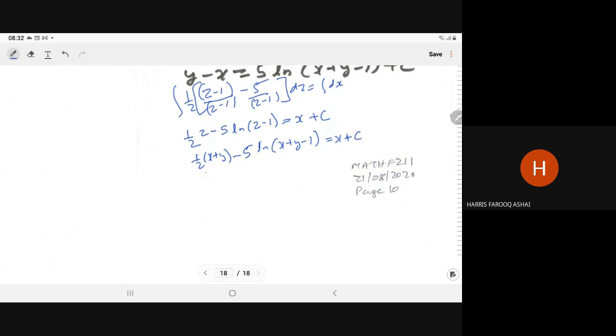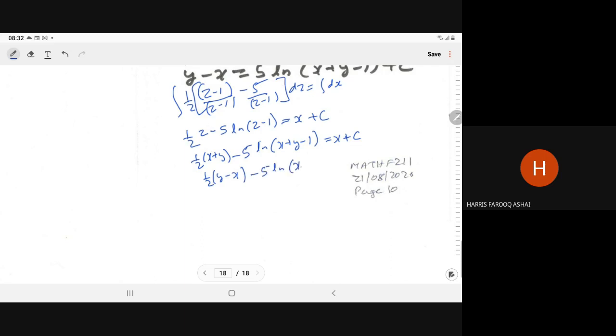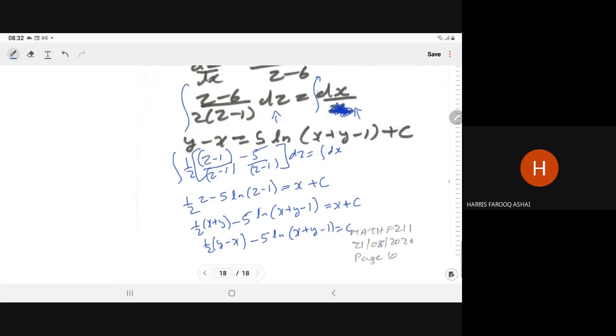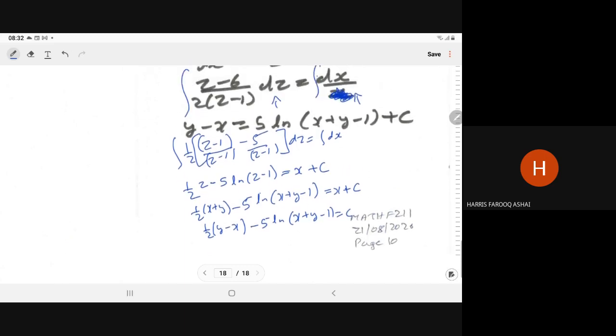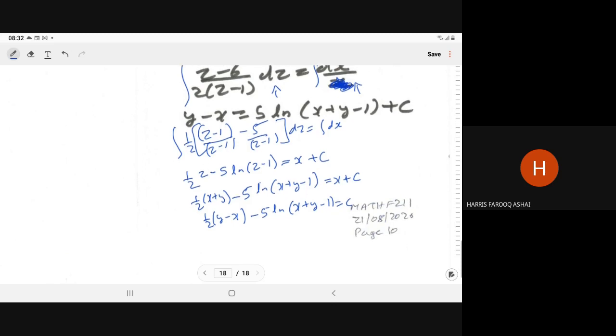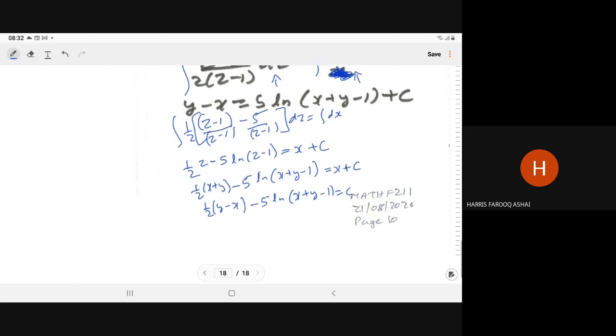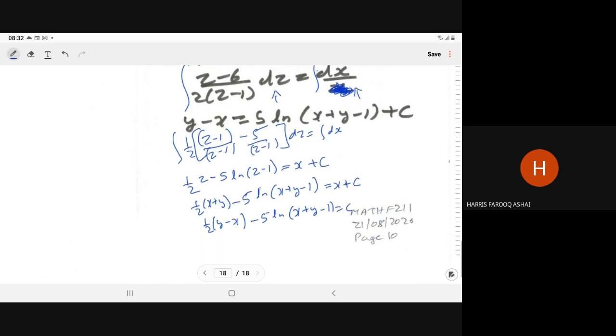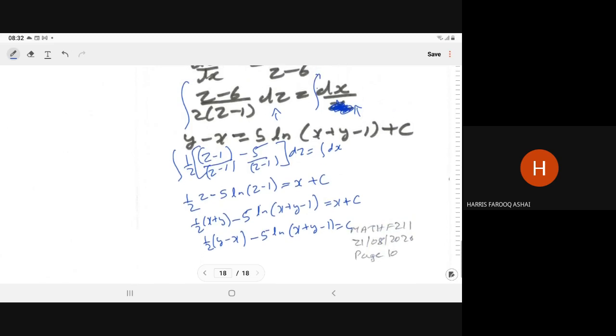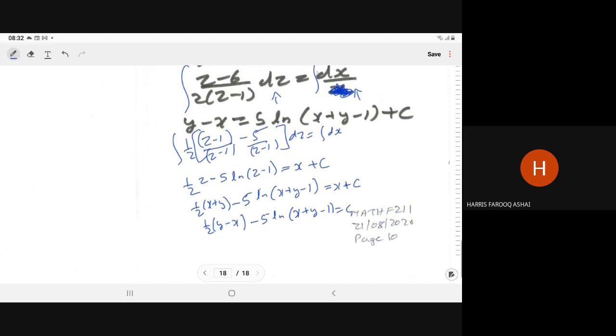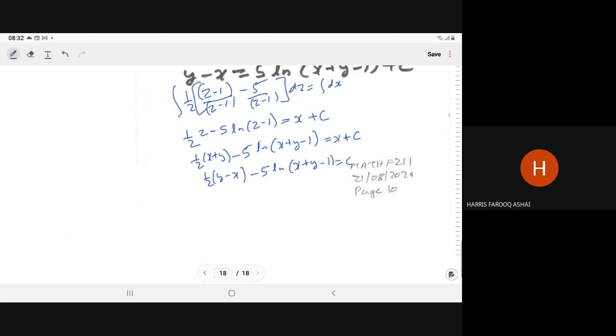This will become half y minus x minus 5 ln of x plus y minus 1 is equal to c. So here we have the solution.